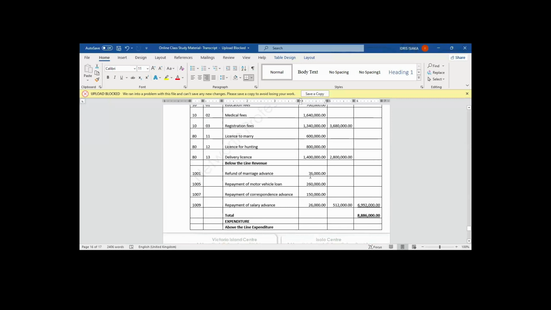I will now total four of them. I will put it under the subtotal, 512. I will now add all the subtotals together. It's going to give me 6,992,000.